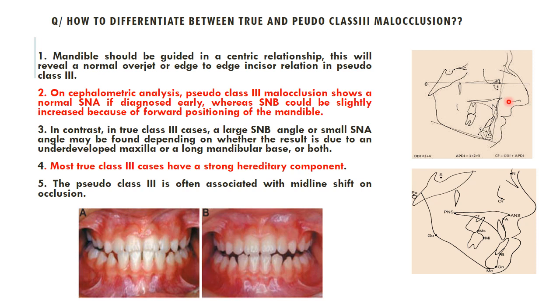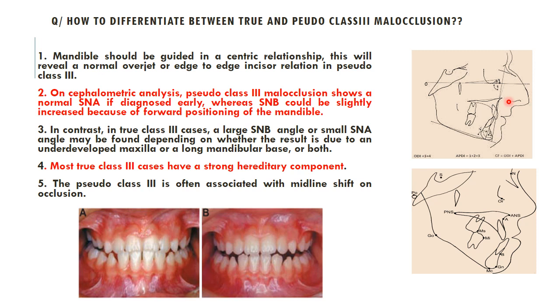And the reason why I said if it was diagnosed early is because if this patient is not diagnosed and treated early, this functional shift, this forward positioning of the mandible, can stimulate the mandible to grow in such a direction, and the patient will change from a postural Class III into a true Class III relationship.